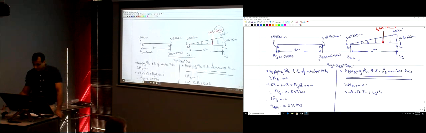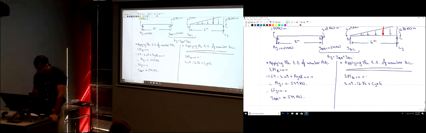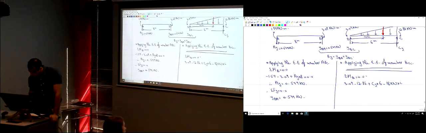So I have to multiply this 18 kilonewtons by its distance, 6 times 6, sorry, 18. So here we have negative 18 kilonewtons by its distance to point B. How much is that distance? 2/3 L, which is 4 meters. And that is equal to 0.